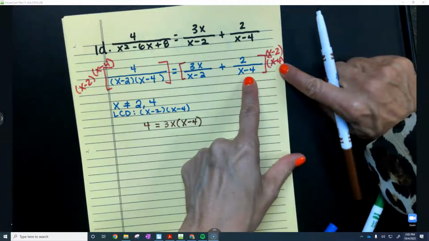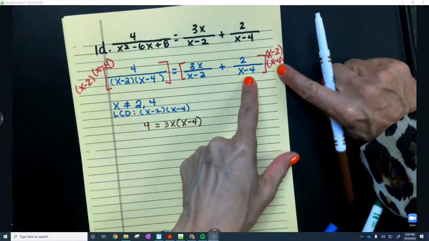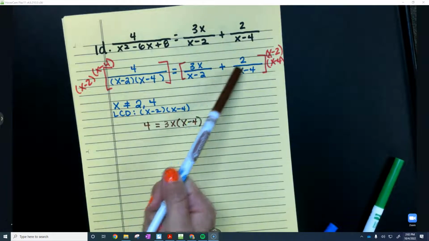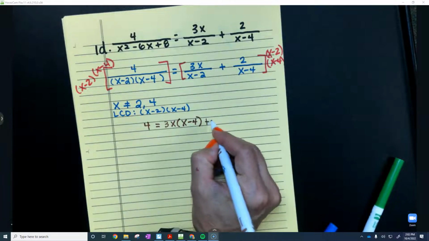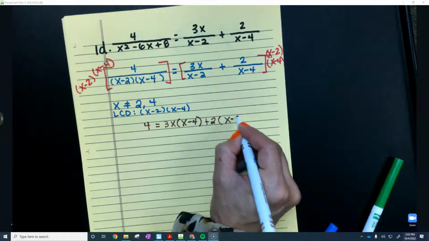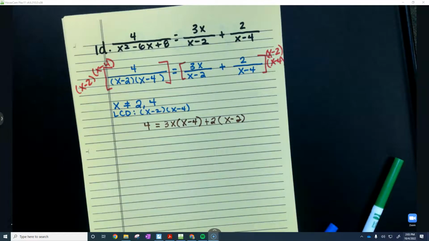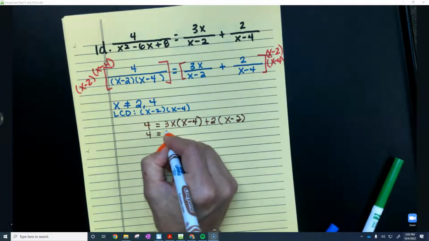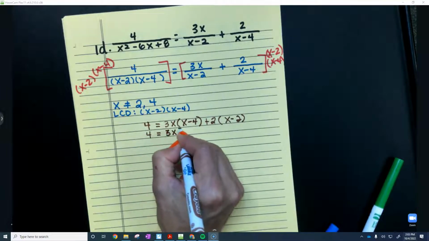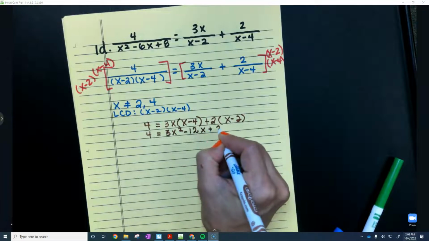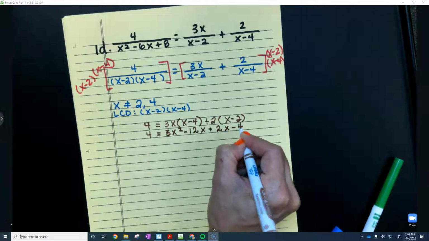For the other fraction, the x minus 4's cancel out. So remember the 2 is positive, recopy the plus sign. And then that 2 is going to be multiplied by just x minus 2. All right, let's do our order of operations on this. Go ahead and distribute that 3x. Go ahead and distribute that 2.